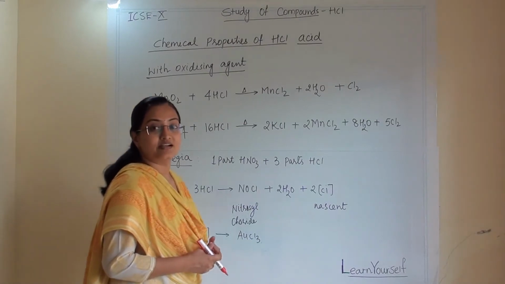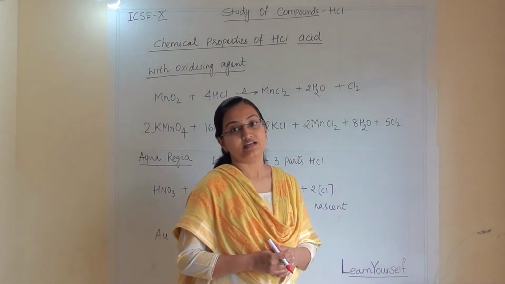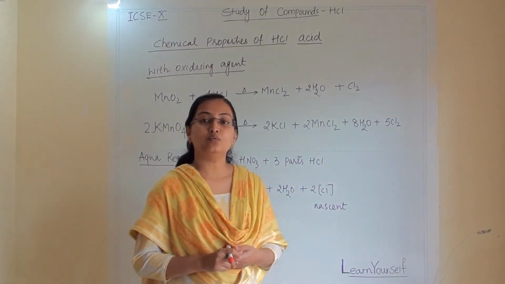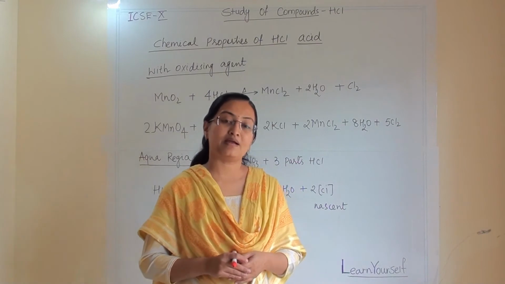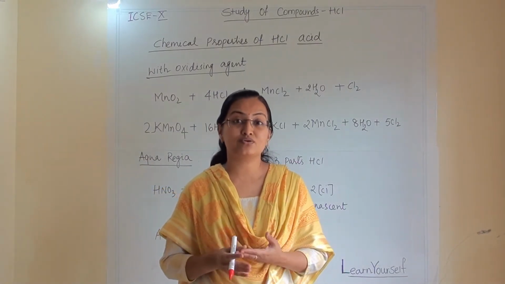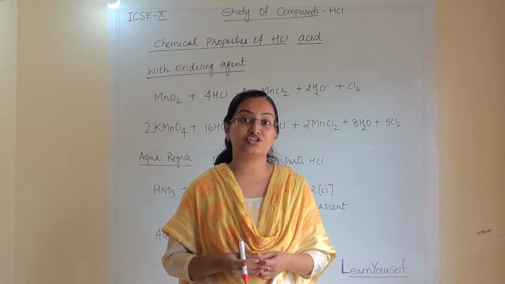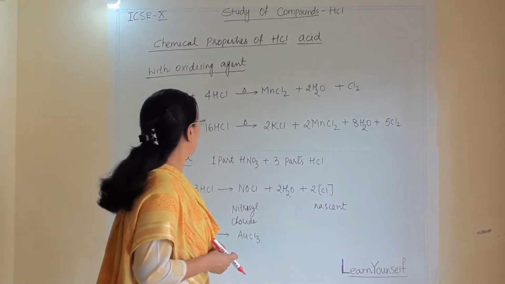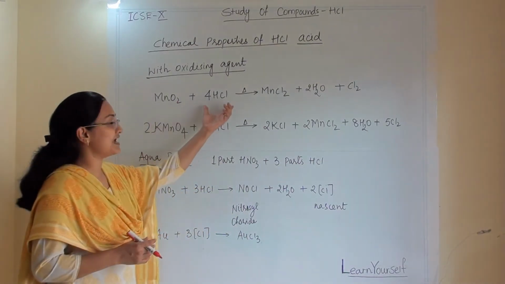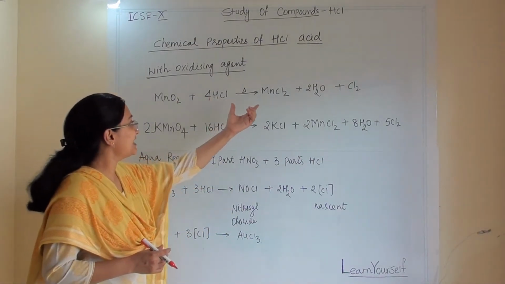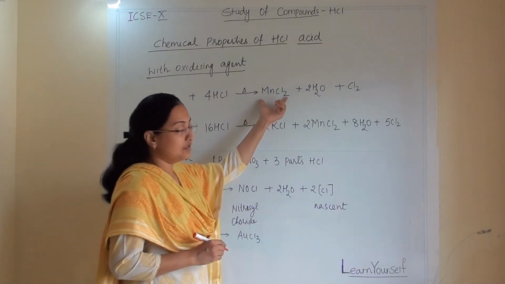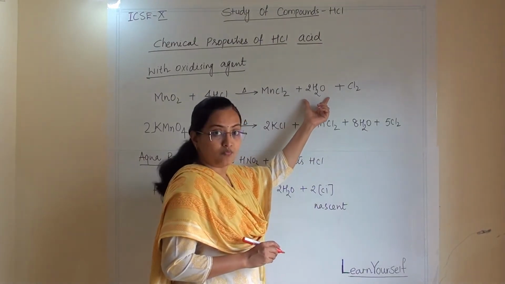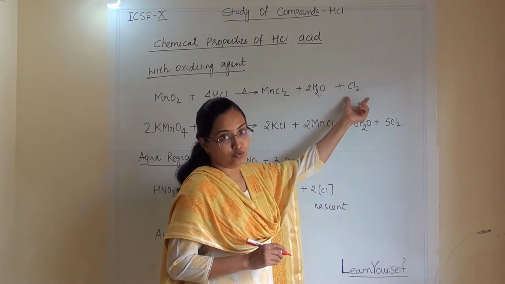Now let us understand the chemical properties of hydrochloric acid with oxidizing agents. We all know what the oxidizing agents are: manganese dioxide, lead dioxide, potassium permanganate, potassium dichromate. All these are strong oxidizing agents. When an oxidizing agent reacts with HCl, we will get metal chloride, manganese chloride, then 2 water molecules and chlorine gas.